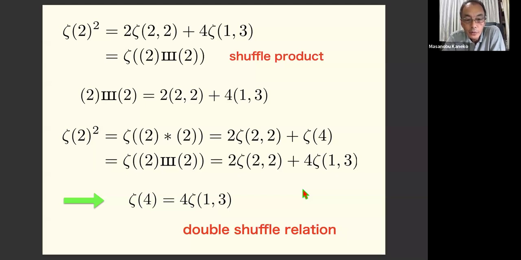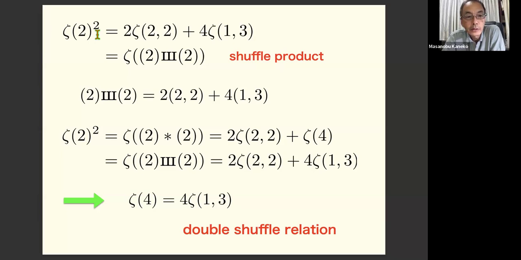This is an example of double shuffle relations. But maybe you notice this product respects weight. So zeta 2 times zeta 2 has weight 4. So for the relations obtained in this way, the least weight is 4.